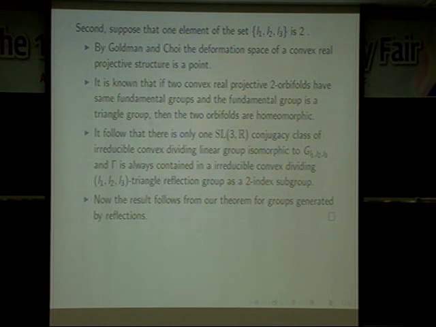And this gamma is always contained in a convex divisible L1, L2, L3 triangle reflection group as an index-two subgroup. So the result follows from our theorem for groups generated by reflections, because this triangle group is an index-two subgroup of the triangle reflection group.